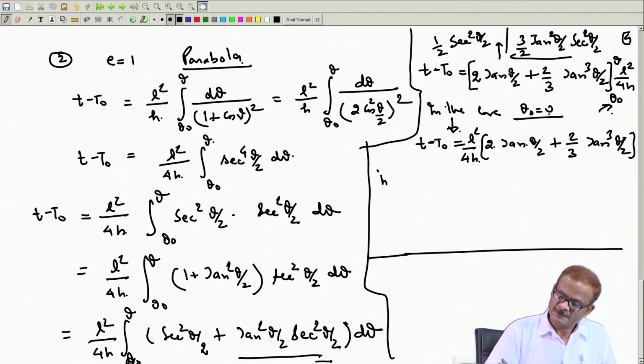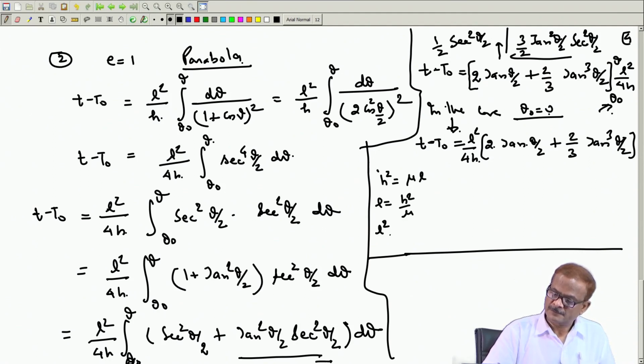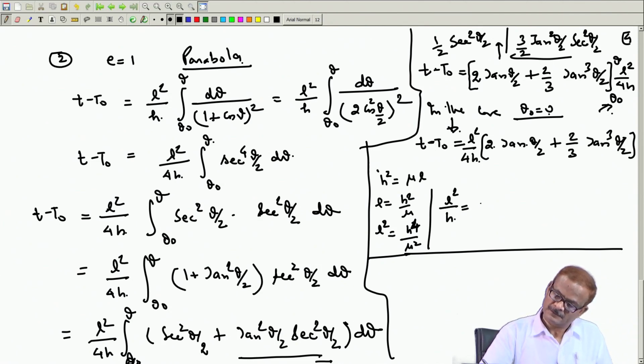and we know that h square equal to mu times L. So, L then becomes h square divided by mu, and L square is h to the power 4 by mu square, and this implies L square by h equal to h cube by mu square.